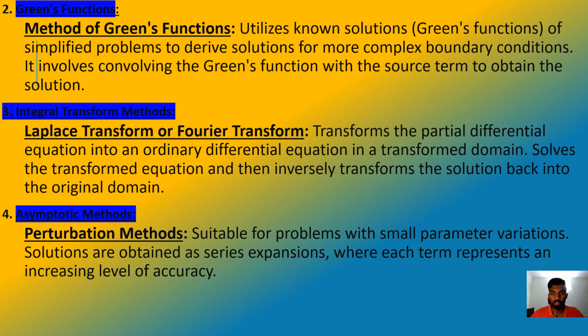It transforms the partial differential equation into an ordinary differential equation in a transformed domain, solves the transformed equation and then inversely transforms the solution back into the original domain. The next solution method is perturbation methods, suitable for problems with small parameter variations. Solutions are obtained as series expansions where each term represents an increasing level of accuracy.